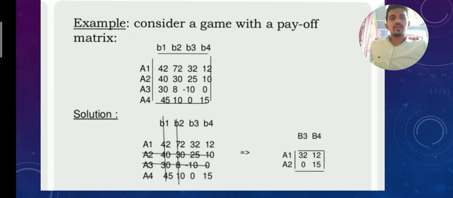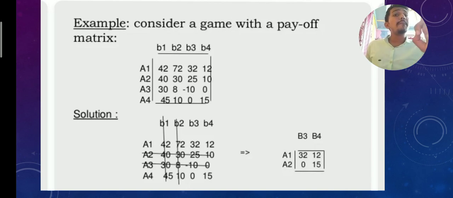Then in column 1, the biggest value in the payoff matrix is 72, so that column is cancelled. Next, 45 is a big value, so we cancel the 45 column.